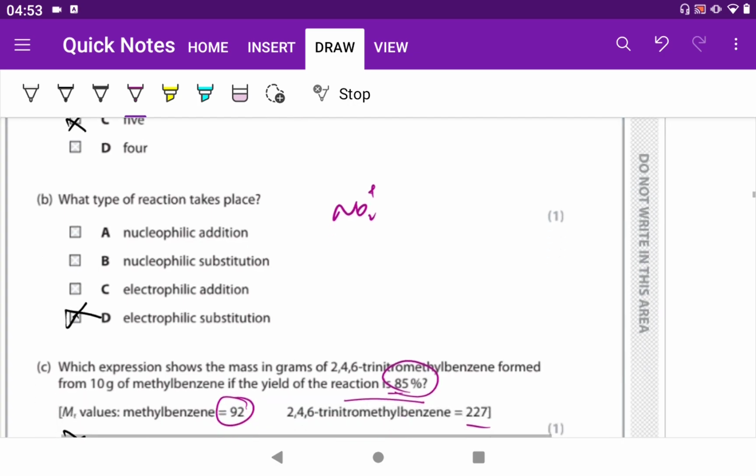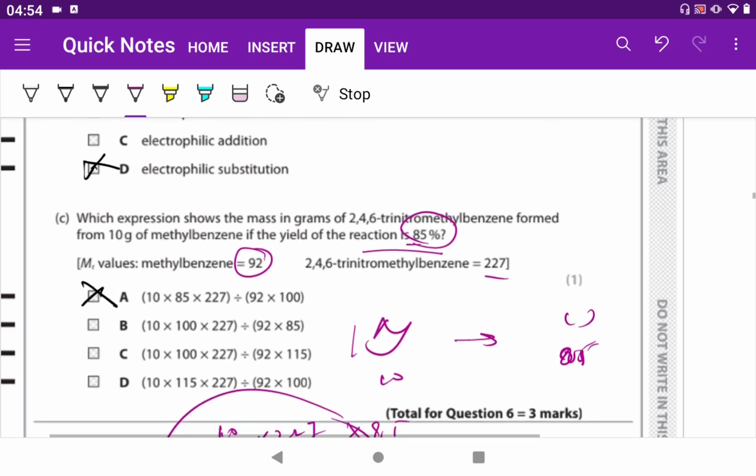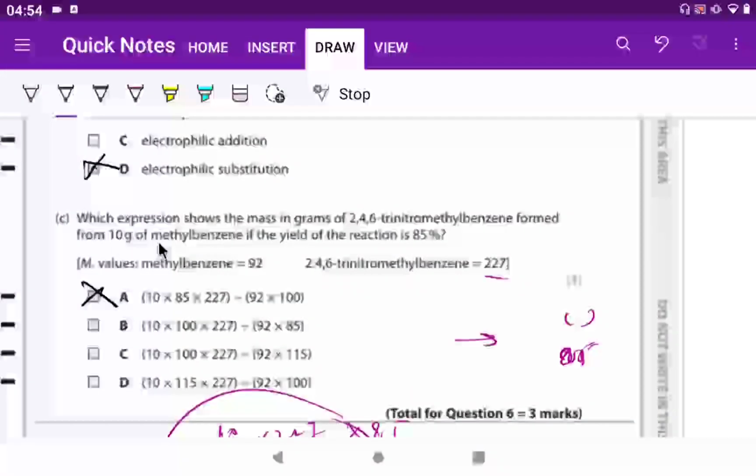Now, which expression shows the mass in gram of 2,4,6-trinitromethylbenzene formed from 10 grams of methylbenzene if the yield is 85%? For finding this, we need to find the number of moles of methylbenzene. So how can we find the number of moles? 10 divided by 92.